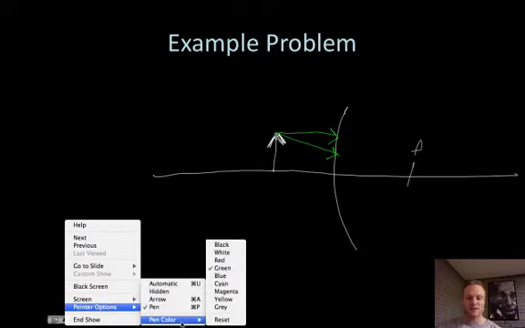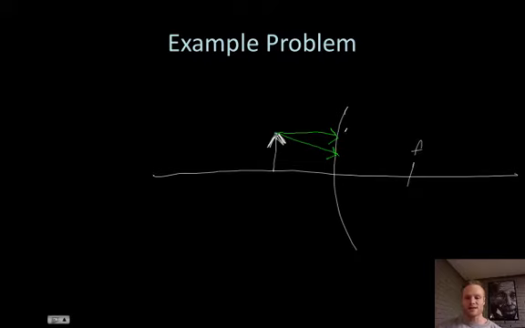Now, I'm going to draw the reflecting rays. This one that's parallel to the principal axis is going to reflect in such a way that it would actually go through the focal point. I'm going to try my best to make this go through the focal point. There's my reflection. If I trace this back, it should go through the focal point.